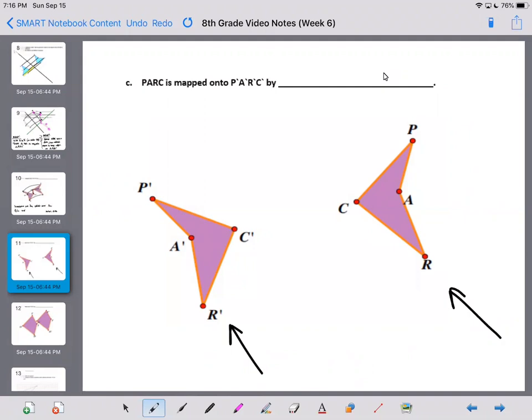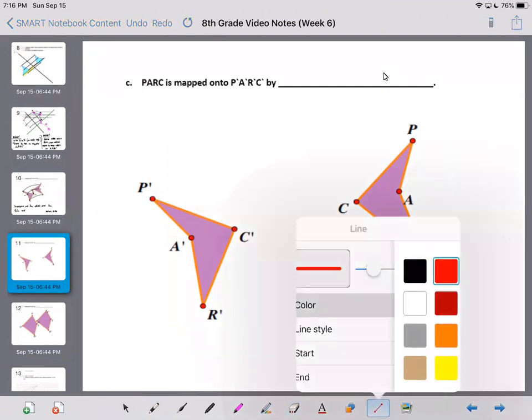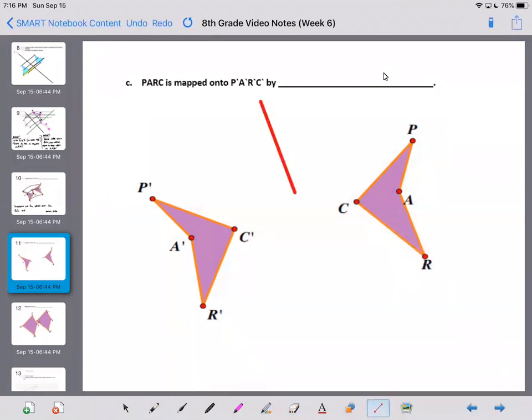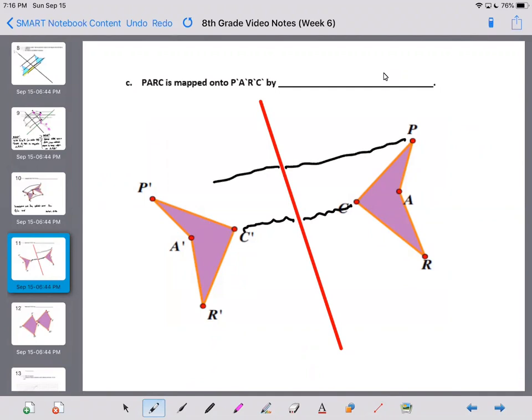All right, so we've got a couple of things we could do here. We could draw a line of reflection. We could draw it right here. And then we could figure out, well, what's that distance from the line to C? It better be the same distance to C prime. That distance from P better be the same distance from the line L to P prime.